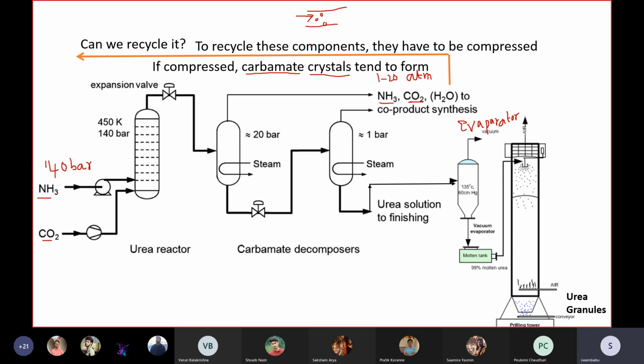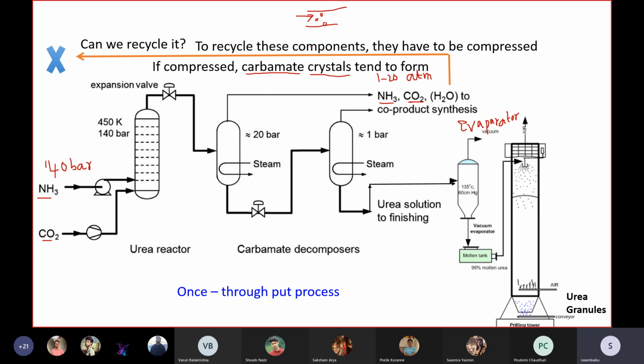So in the old urea industries, they used to find a way to utilize this ammonia and CO2 rather than recycling it. That's why the typical old processes are once-through processes. Once-through process means unreacted reactants are not recycled back.